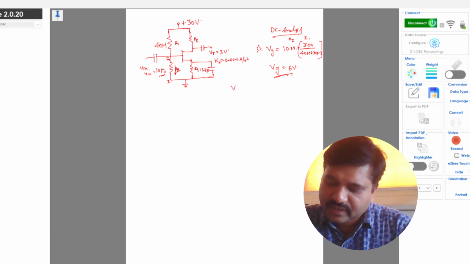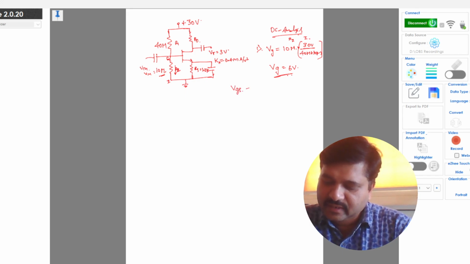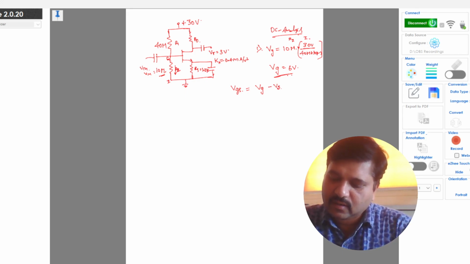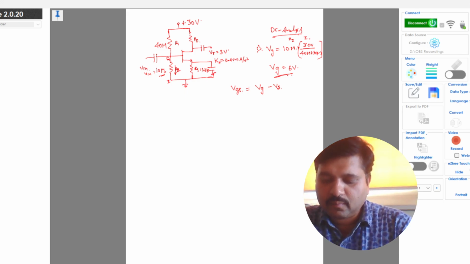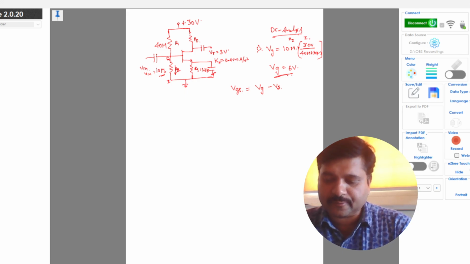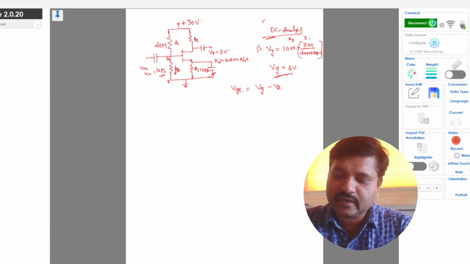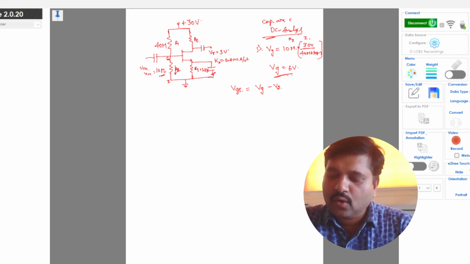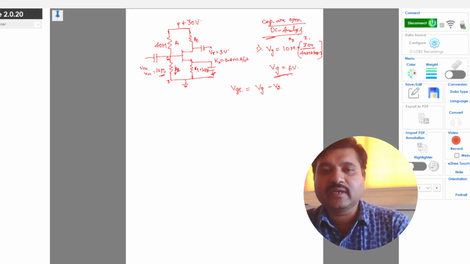Now to find VGS, we'll consider it as Vg minus Vs. Vs is nothing but the voltage across the resistance Rs. During the DC analysis, the capacitors are made open circuit. When we do the AC analysis, the capacitors are short circuit.